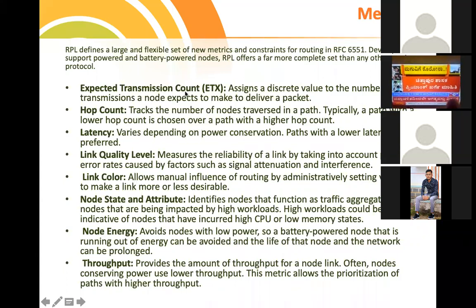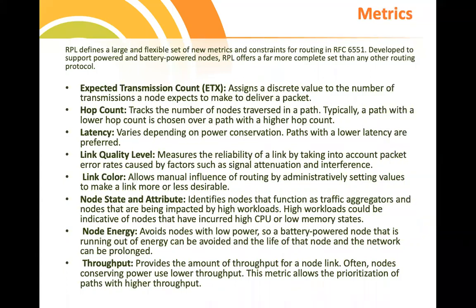Say by taking an example of temperature sensors that we set up in a classroom, we are expecting that at the end of the day, we may get around 10 to 20 packets of data. That is the estimated or expected transmission count from the sensor to our processing unit, to the processor.